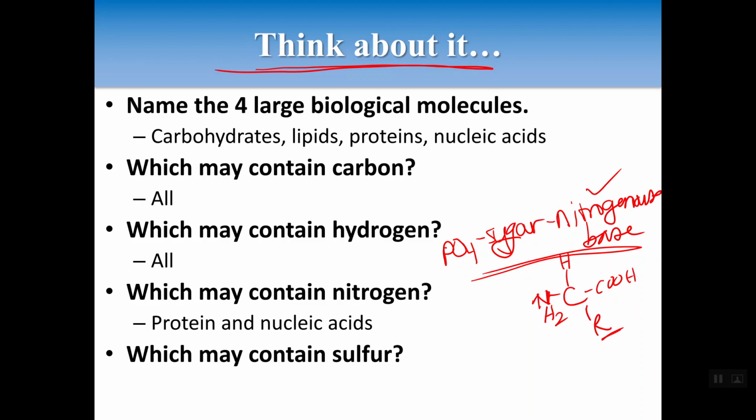Which of them contain sulfur? Do you guys remember? So actually, we talked a little bit about it when we talked about protein structure, more specifically tertiary protein structure, and they could form disulfide bridges. So those are sulfur to sulfur covalent bonds. So we actually only find sulfur in our proteins when we look at our standard biomolecules.